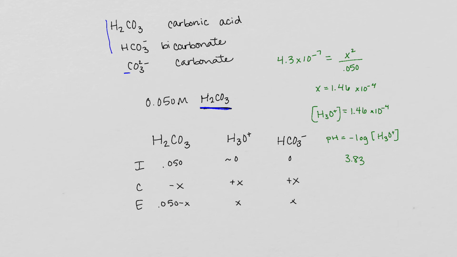Now, say I had asked you to find the pH of a bicarbonate solution, then what you would have to do is use the Ka for this and use these two in your equilibrium expression and not these. So if it's a Ka, you're always starting with the protonated version on the left because it's an acid dissociation.